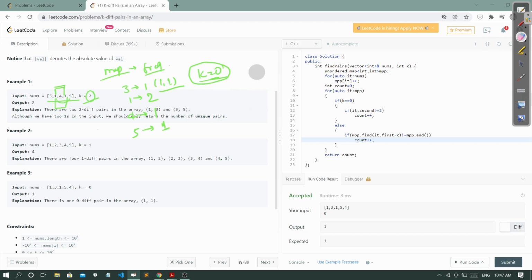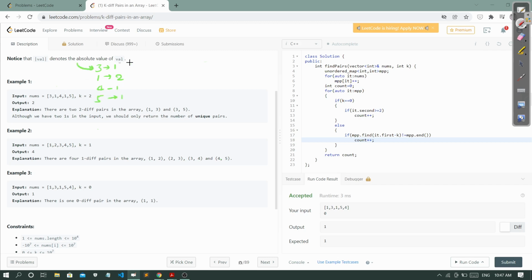Okay, so let's try to do this approach. What I did is that in the unordered map, we get the frequency of each element. 1 occurs 2 times, 4 occurs 1 time, and 5 also occurs 1 time.